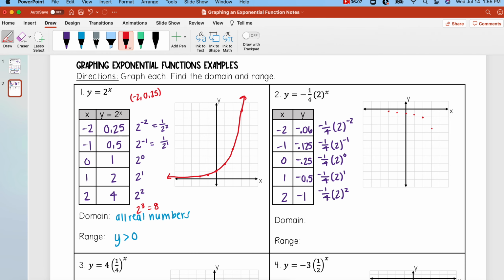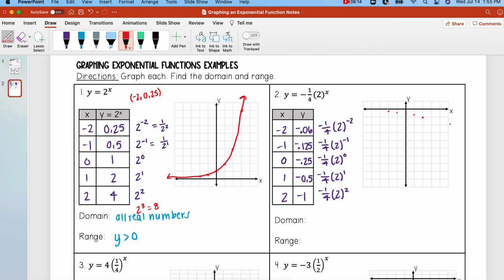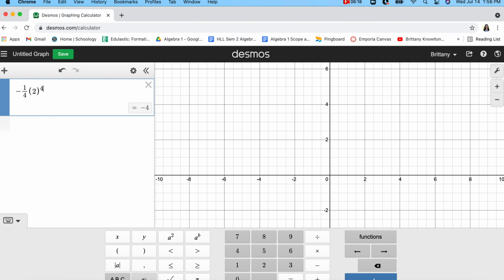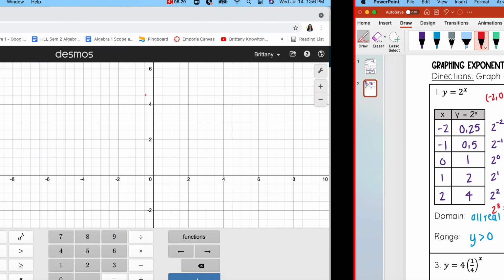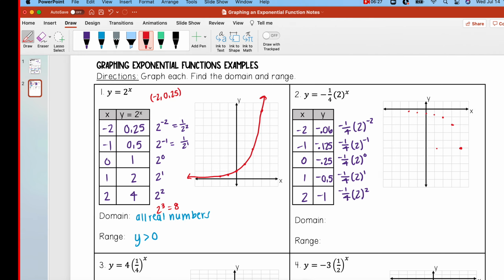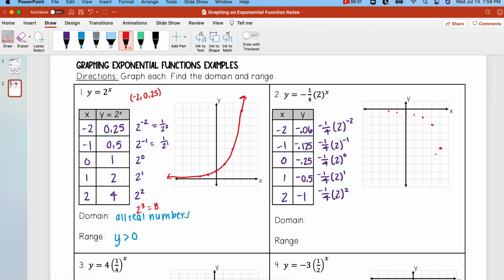I'm going to go ahead and put in a few more points. I'm going to put in 3, 4, and 5, just so I can get a better look at what this is doing. 4 is at -4, and 5 is at -8. I see it's getting really close to the x-axis, but never quite touching.